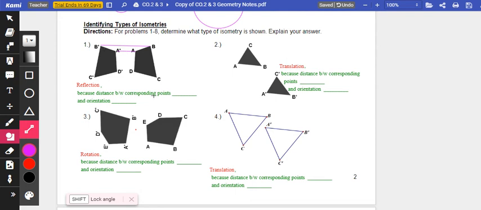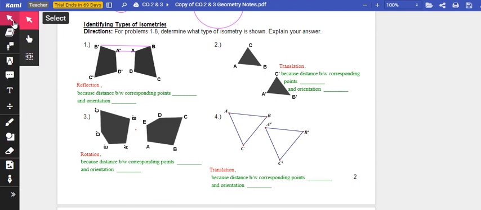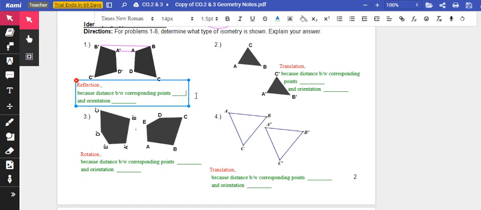So that means the distance between corresponding points has changed. The distance from A to A prime is different compared to B to B prime. So I am going to add that to my explanation.